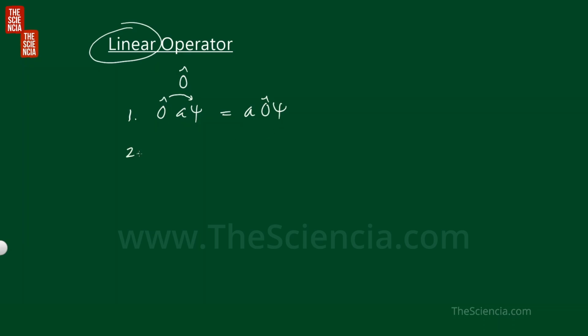And second condition, if the operator is acting on a combination of states, that is A1 psi 1 plus A2 psi 2, then it should be equal to A1 operator psi 1 plus A2 operator psi 2. If it satisfies these conditions, then we can say it is a linear operator.